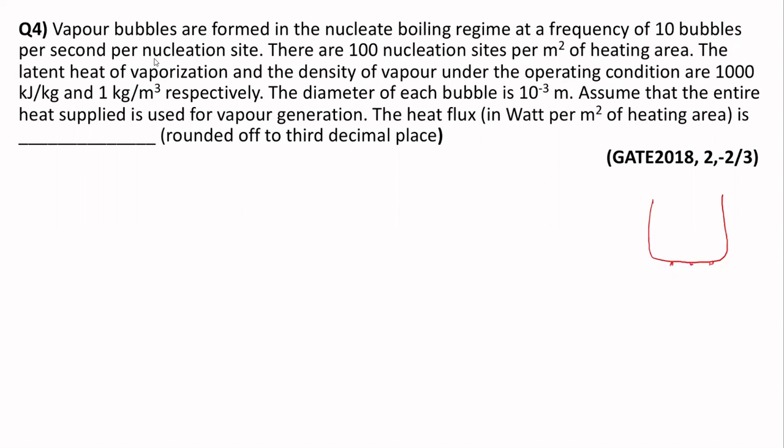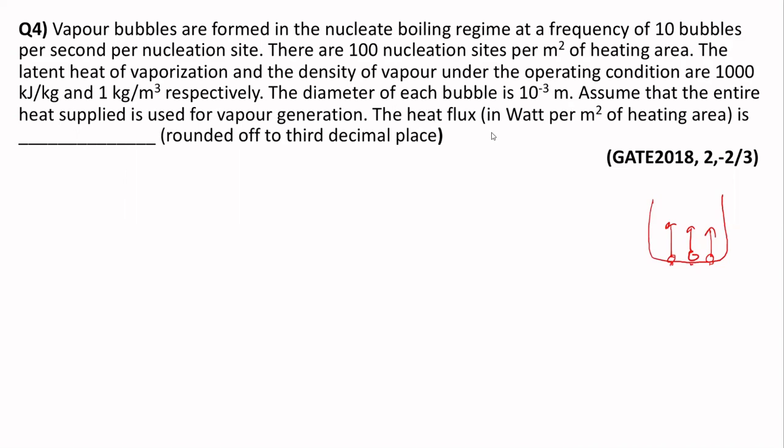Each nucleation site is producing 10 bubbles per second. So 10 bubbles are getting formed and going up, 10 bubbles getting formed and going up. Then they have given you the number of nucleation sites per area of heating. Then they have provided you with the lambda value and the density of vapor as well.